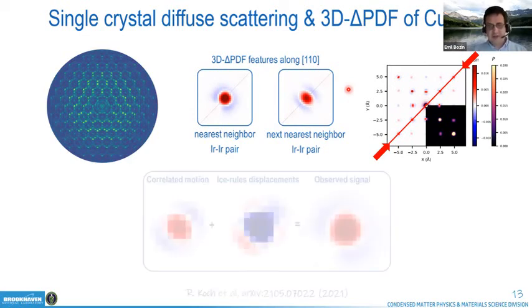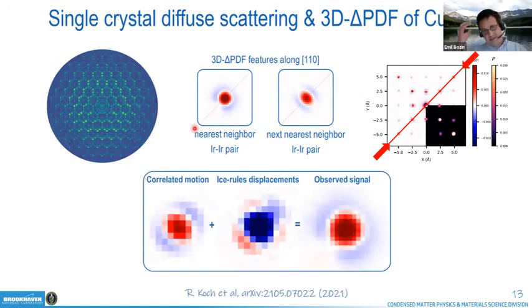So what we actually did to try to understand this is we did large atomistic modeling or simulations using molecular dynamics and Monte Carlo type approaches. And an outcome of that is that this type of symmetric signal can be attributed to strong correlated motion, which basically tells you that these units are actually strongly bonded over some length scale within one unit cell, which is about 10 angstroms or so.